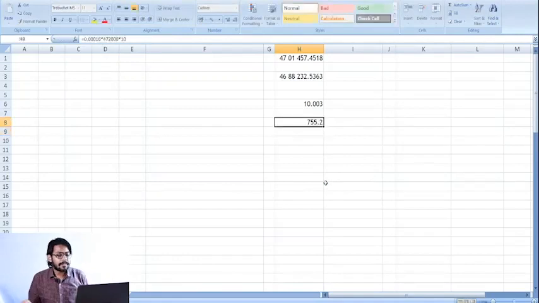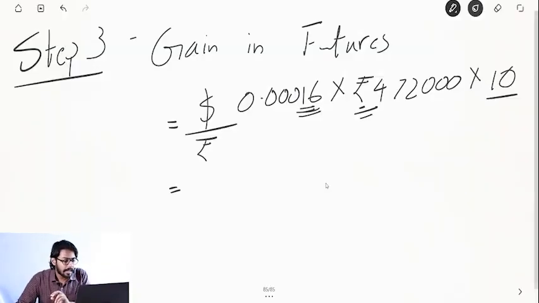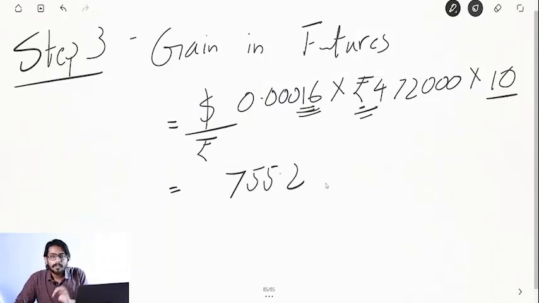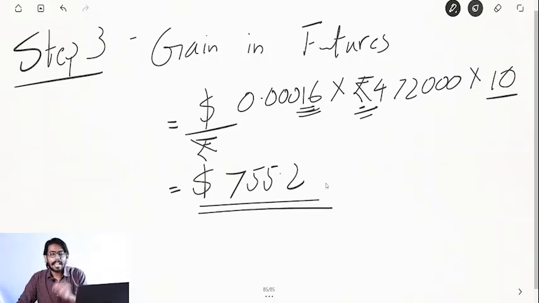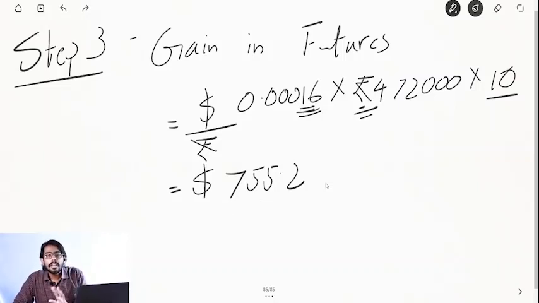You will get a gain of 755.2. What is the currency of the 755.2? Note this, rupee and rupee get cancelled over here. You get $755. Actually, I don't want $755. I want the final answer in rupee.